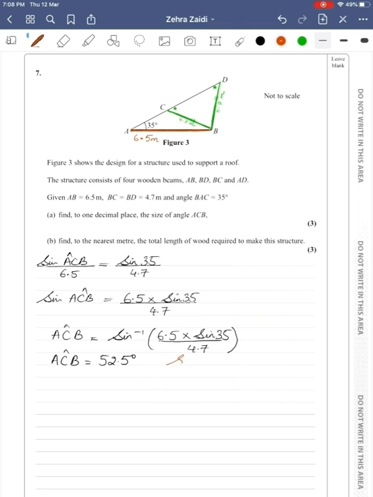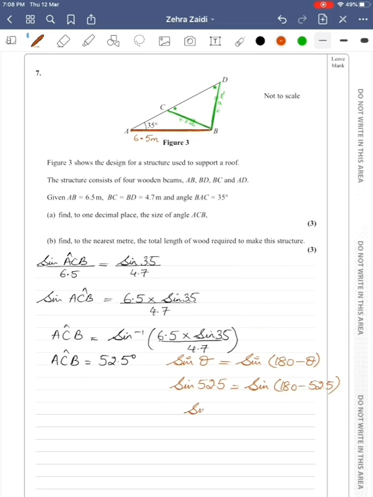Sine theta is equal to sine 180 minus theta. So we have sine of 52.5, that should be equal to sine of 180 minus 52.5.